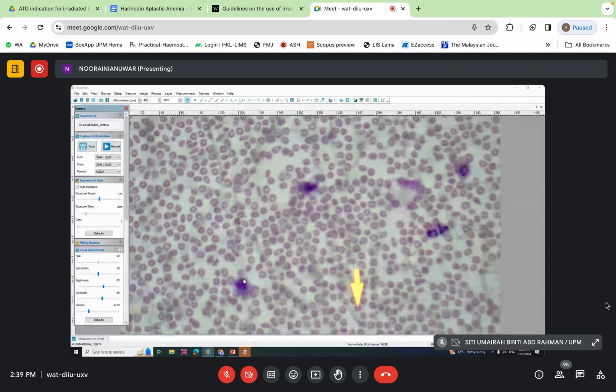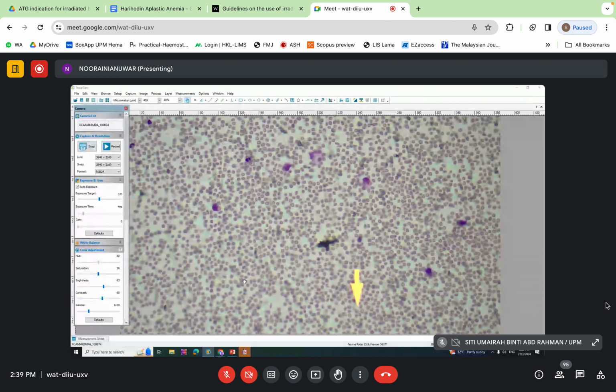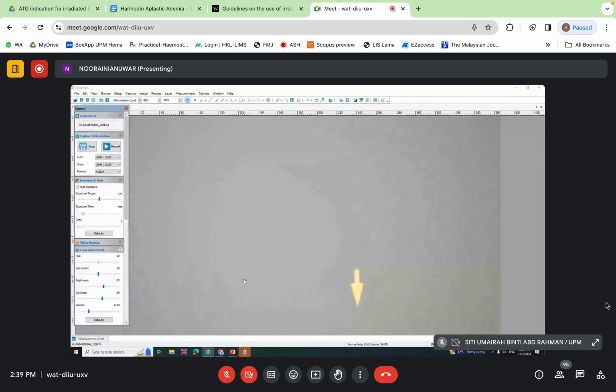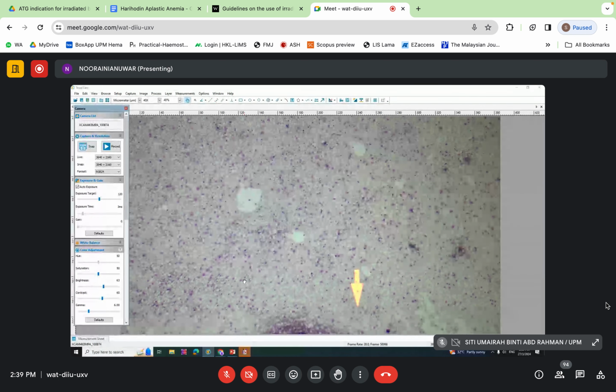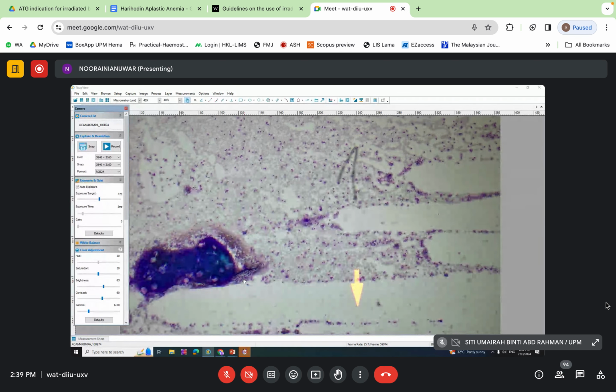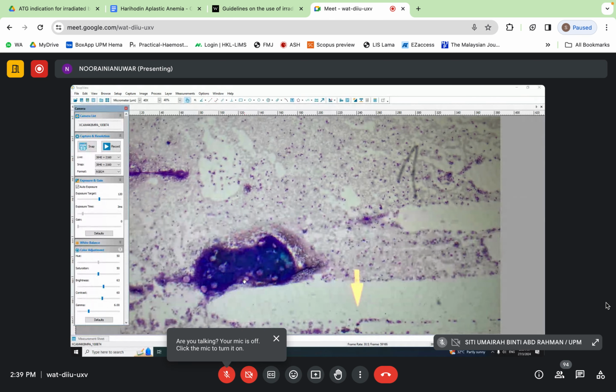Okay, I think I can move to the aspirate. So the aspirate here is from a 68-year-old.